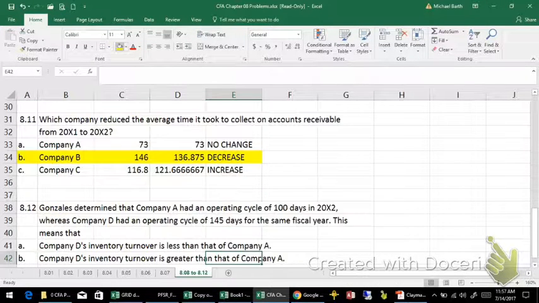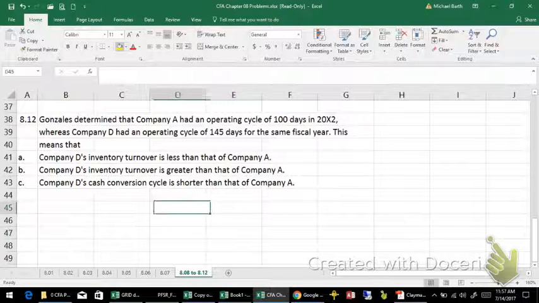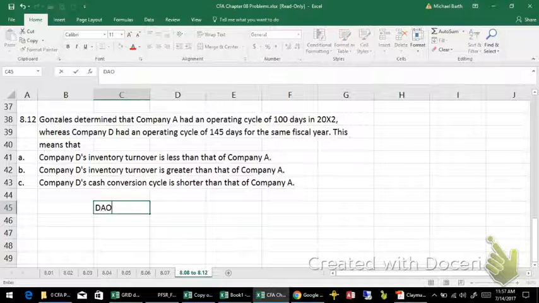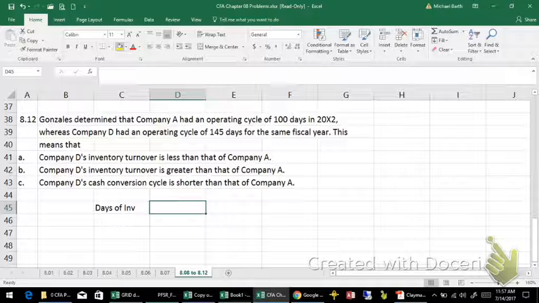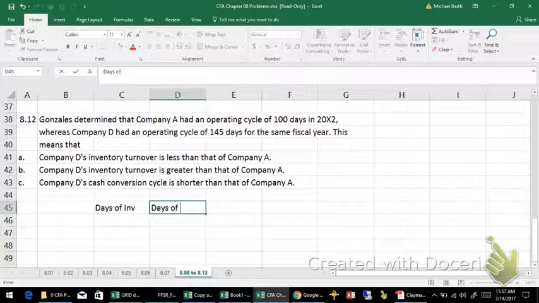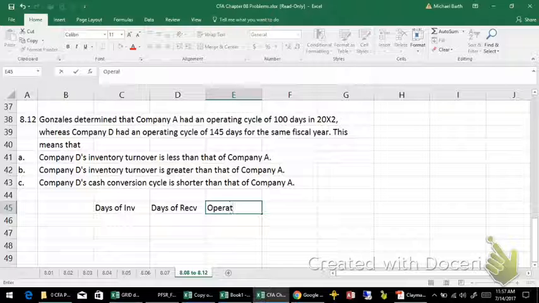Alright, and then 8.12. Gonzalez, the analyst, determined Company A had an operating cycle of 100 days. The days of inventory plus days of receivables equals the operating cycle.